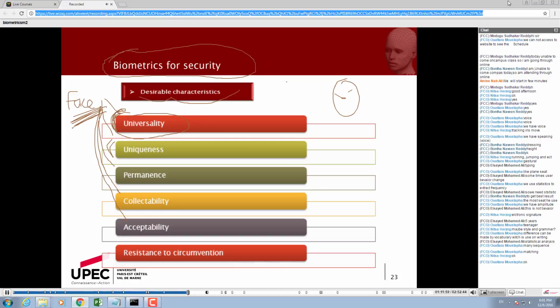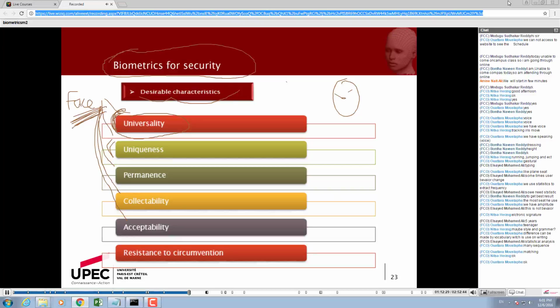If I take fingerprints, is fingerprint universal? Yes. In most cases you have fingerprints. Of course, there are some special cases, people who have no hands or arms, or who lost their fingers in an accident or something like that. For sure we can discard this category of people.